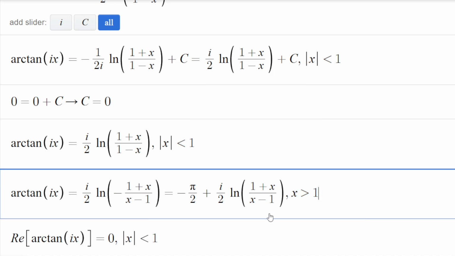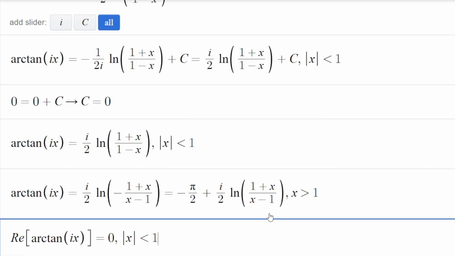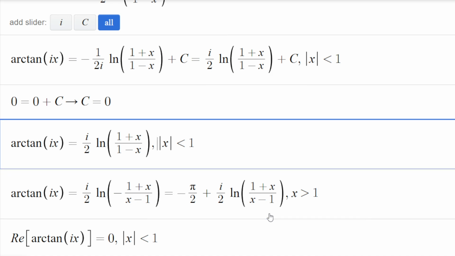All right. Now let's go ahead and see what the real and imaginary parts are on this interval. Of course, the real part of arctangent ix for the absolute value of x less than 1 is going to be 0, because it has no real part.